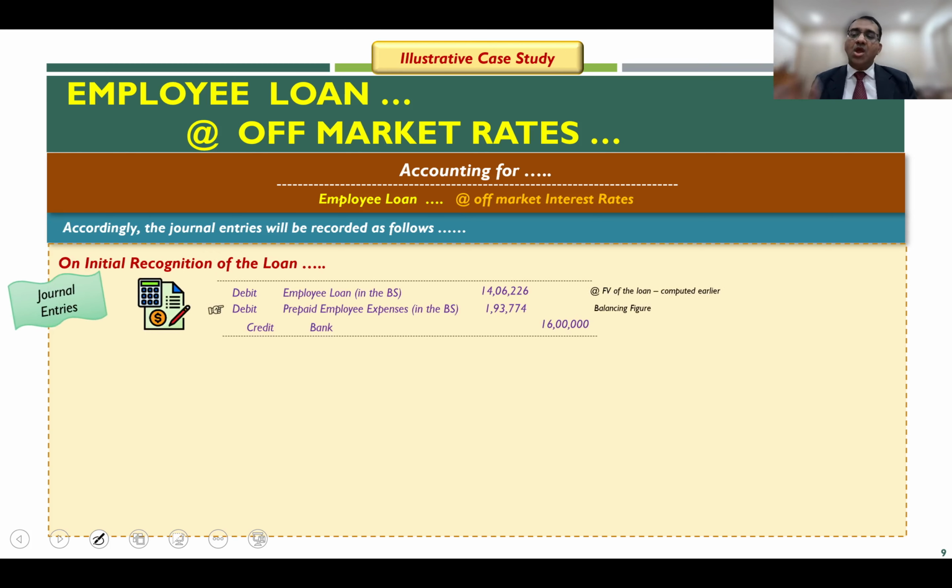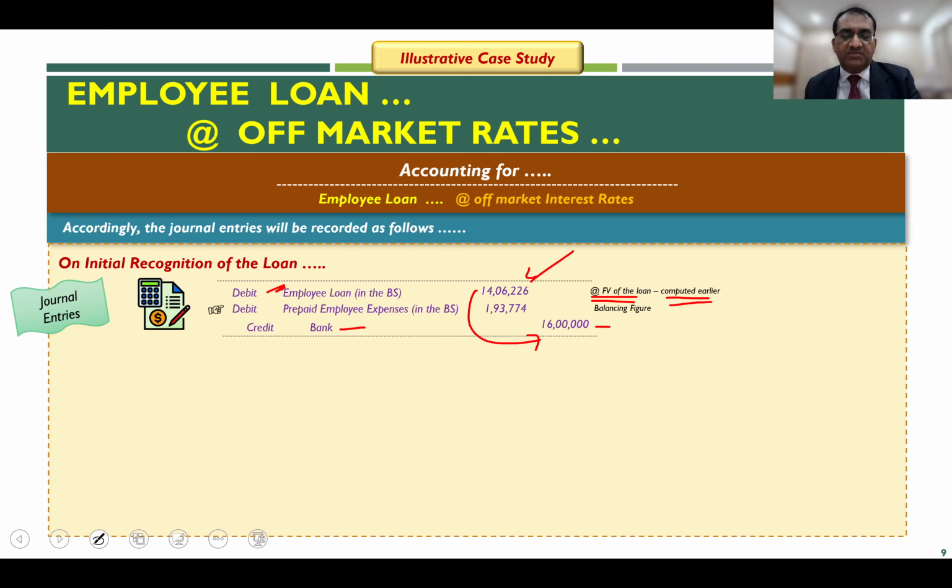So, on initial recognition, when the loan has been given, we know the company has paid 16 lakh of cash in bank. Debit to the employee loan will be at the fair value of the loan which we computed earlier, 1406,226. And I explained to you the difference between these two numbers, 16 lakhs and 1406, because of the relationship between the employer and employee in this particular case study.